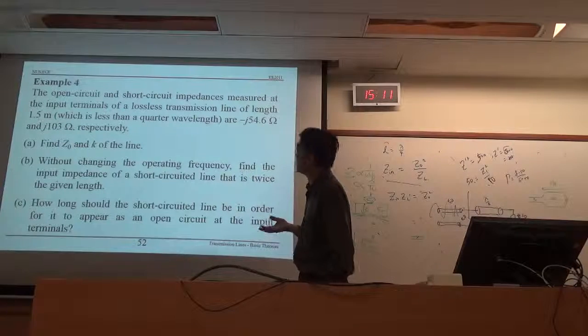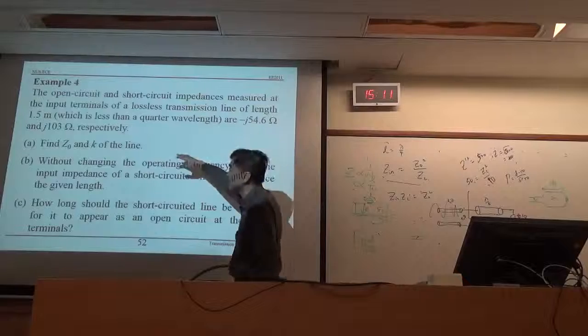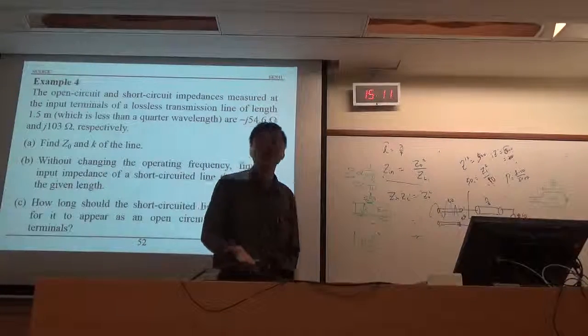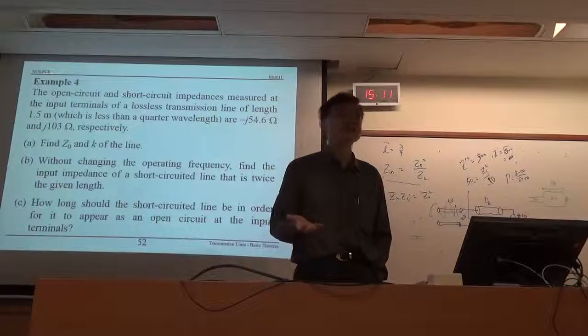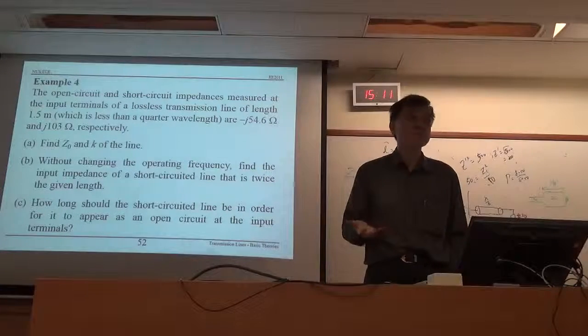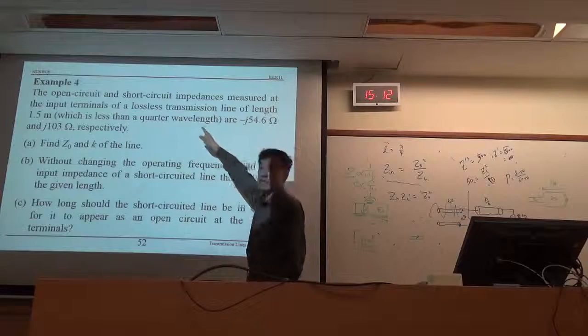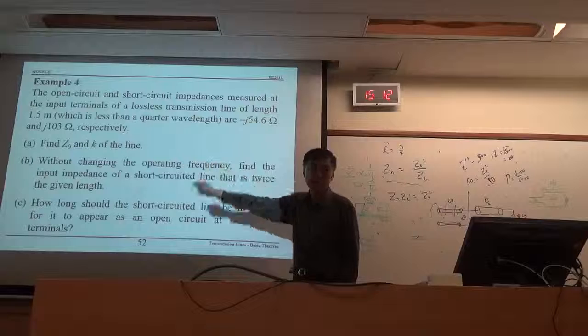Never mind. You are asked to find K, so you have to find lambda yourself, because K is equal to 2 pi over lambda. Now, you are given open circuit impedance and short circuit impedance.